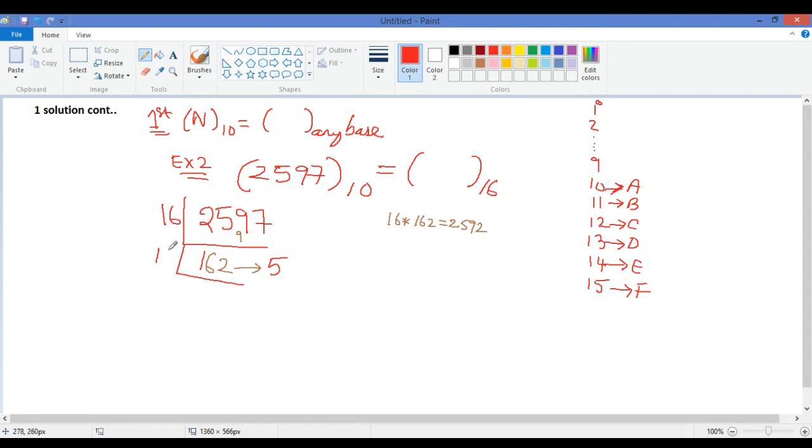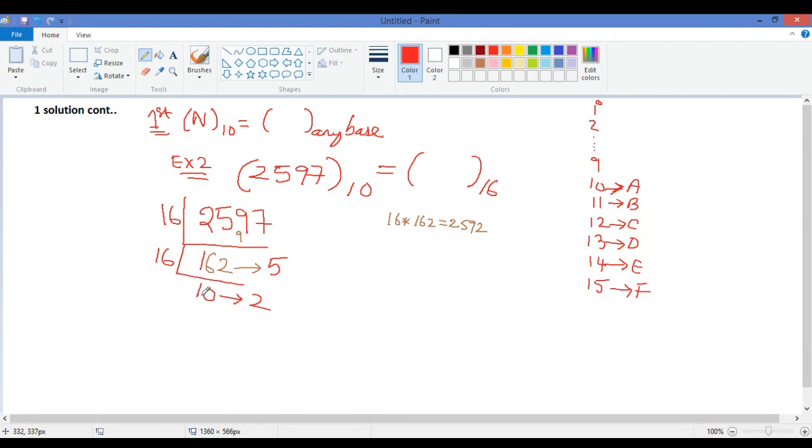Now tell me, how many times does 16 go into 162? 10 times, correct? 16 into 10 is how much? 160. But here we have 162, so the remainder is 2, right?